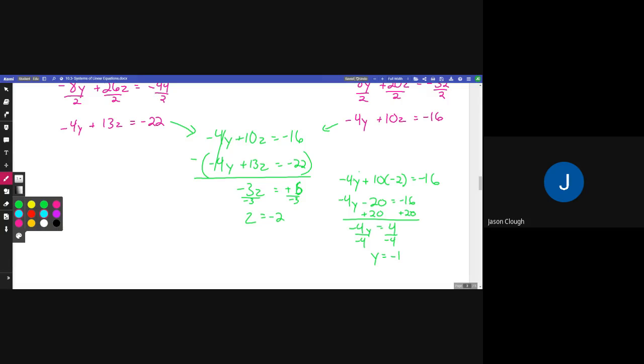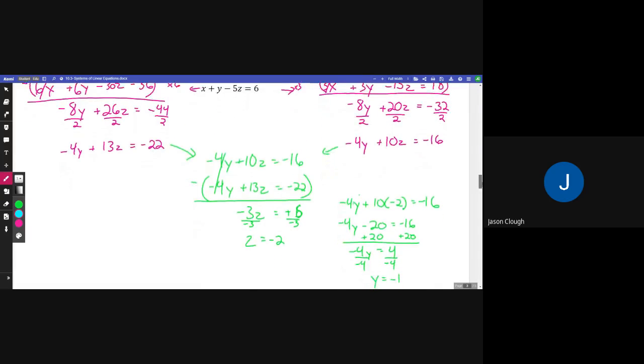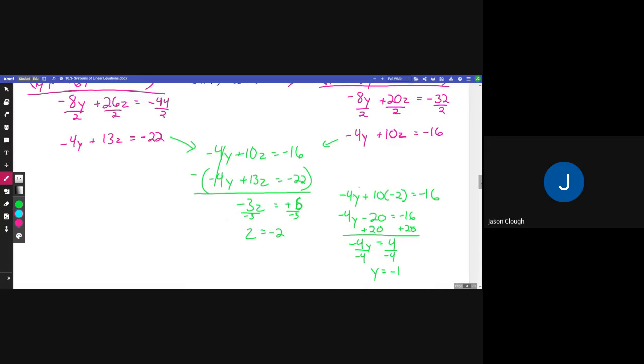Go back to one of my original 3 equations. Let's see, which one am I going to use? I'll use the third one, x plus y minus 5z equals 6.